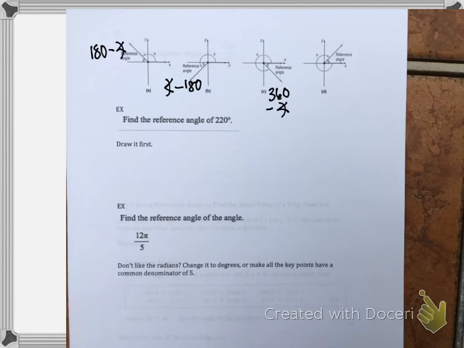So let's look at the first one. Find the reference angle of 220. Okay, let's find out where that's at. 0, 90, 180, 270. Okay, 220 is right here. Okay, so remember I'm creating an angle. If I create a triangle, the base is formed with the x-axis. All right, so 220 is here.